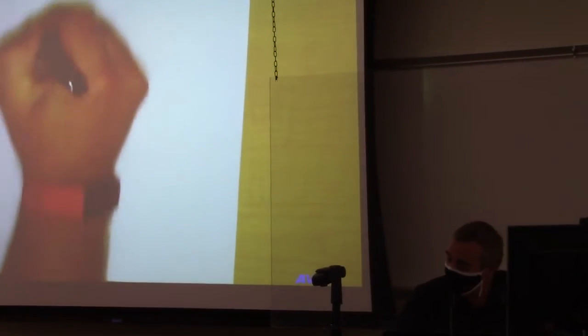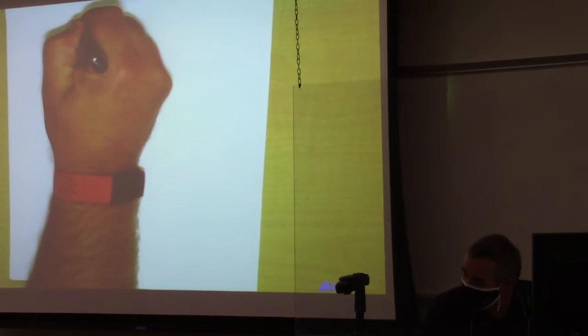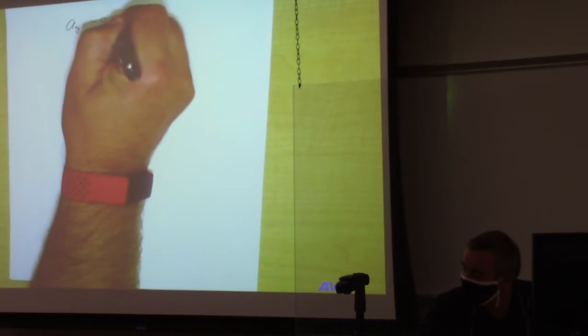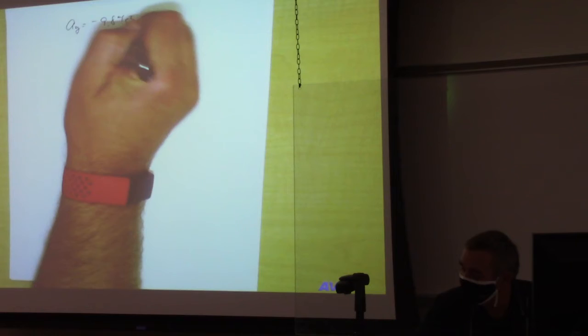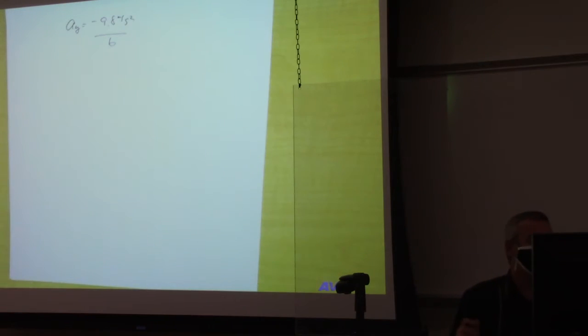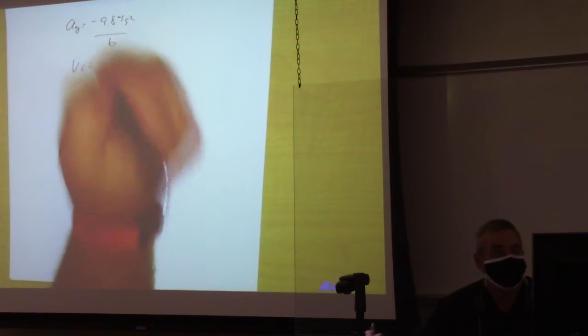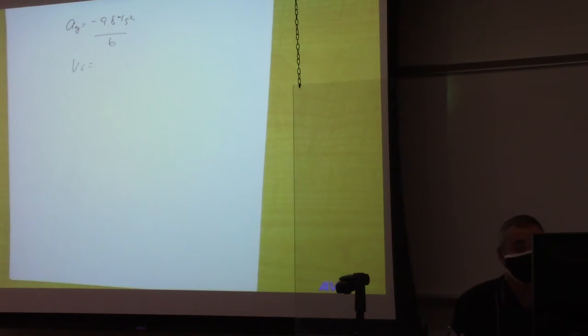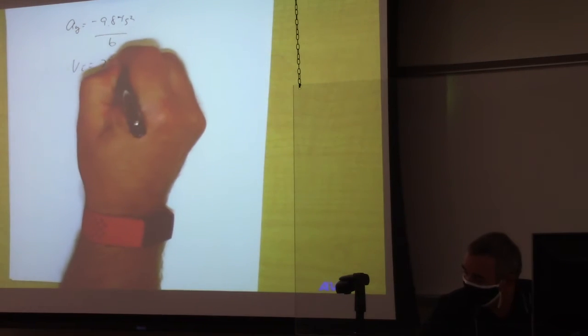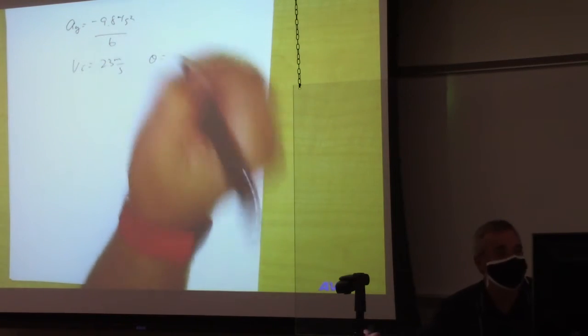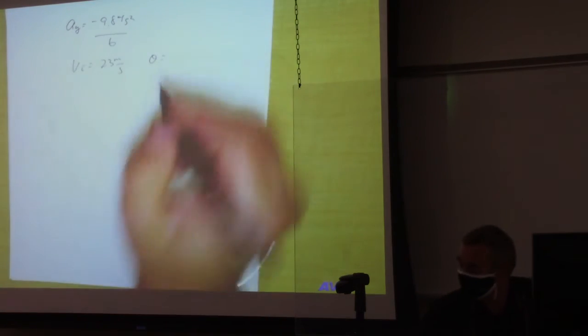Okay, so the acceleration in the y direction, negative 9.8 meters per second squared divided by 6. So you'll have to figure out what that is. We know the overall velocity is 23, and then we know the angle is 36 degrees.